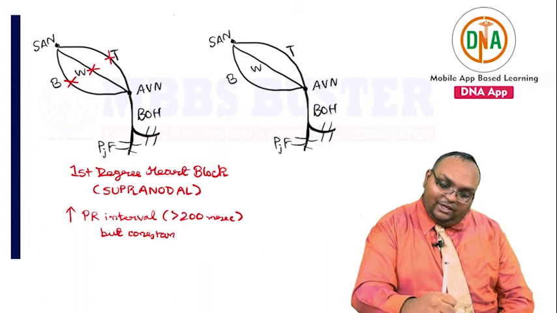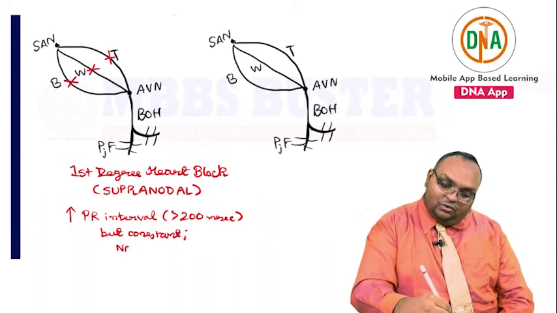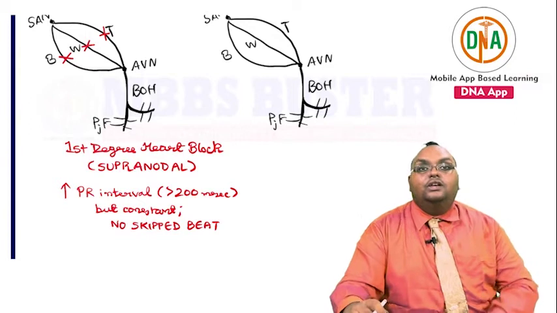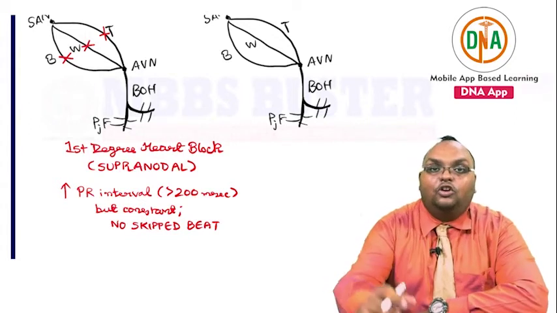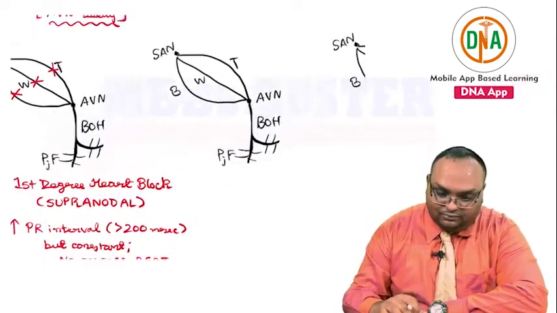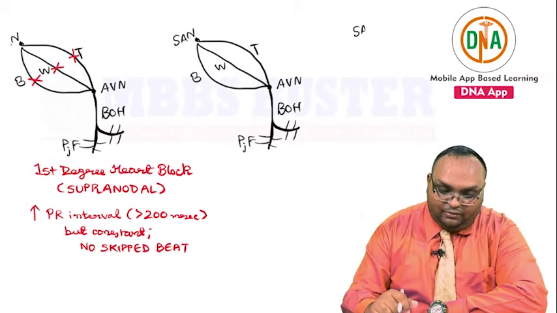And there is no skipped beat. That means every P is followed by a QRS complex. Skip beat would mean that the P wave will not be followed by a QRS complex and a T wave. But in case it is followed, it is not a skip beat. That is all about your first degree heart block.